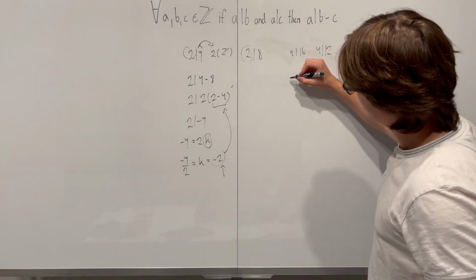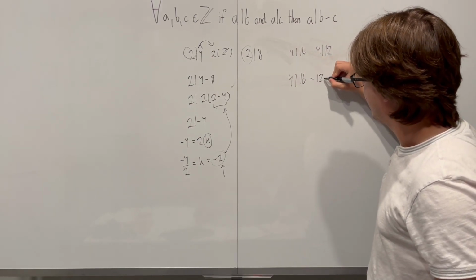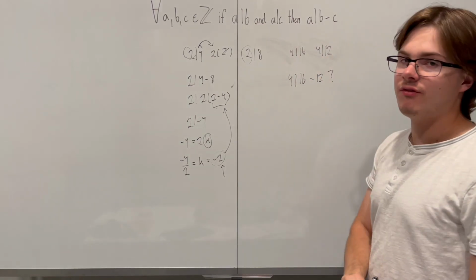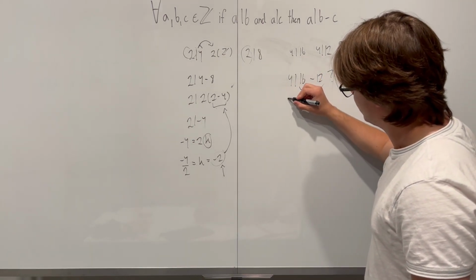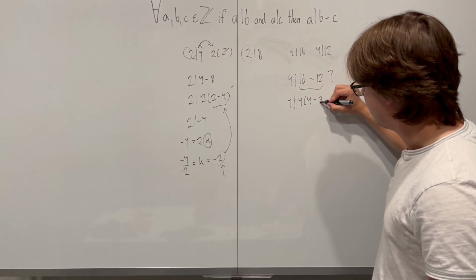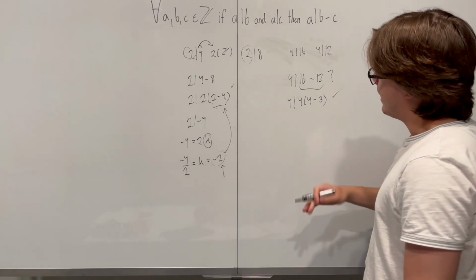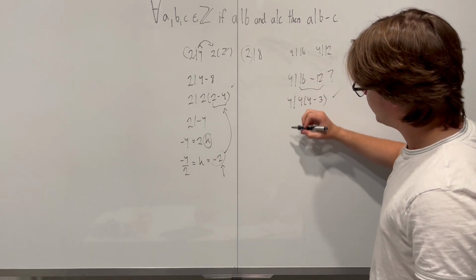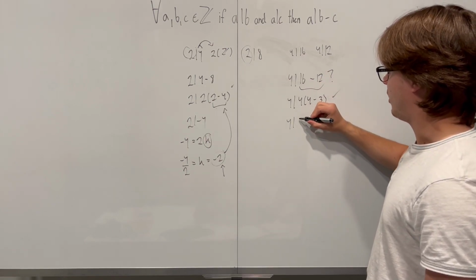So is it true that 4 divides 16 minus 12? Well, can we factor a 4 out on the right-hand side? The answer is yes. So this is the same as saying 4 divides 4 multiplied by 4 minus 3. So there we go. We've shown that it does in fact do this. Again, if you're still struggling with seeing this, just go through the math here. This is the same as saying 4 divides 16 minus 12, which is 4.